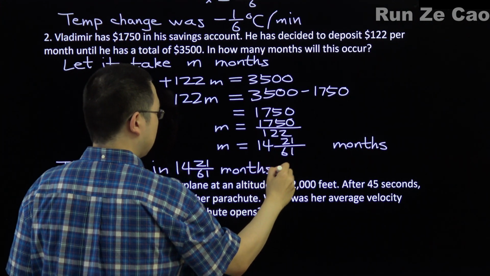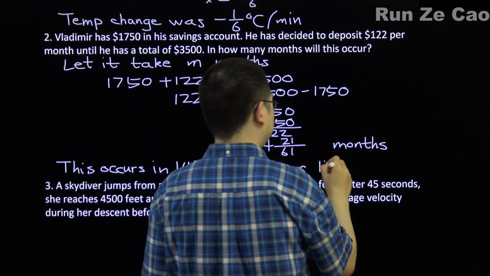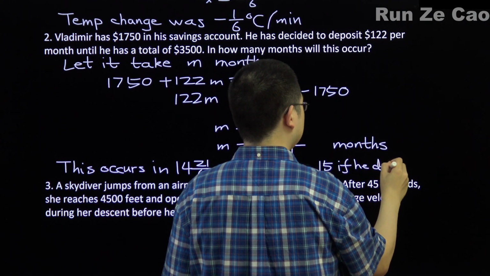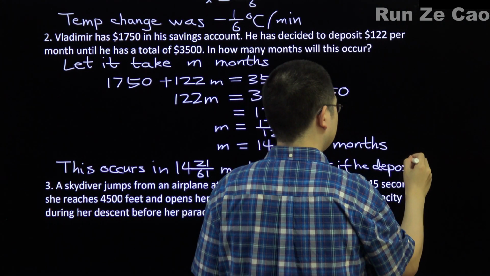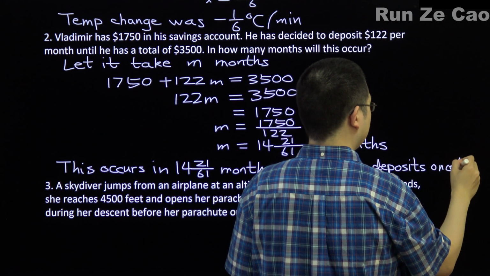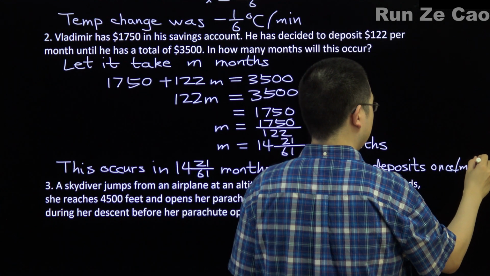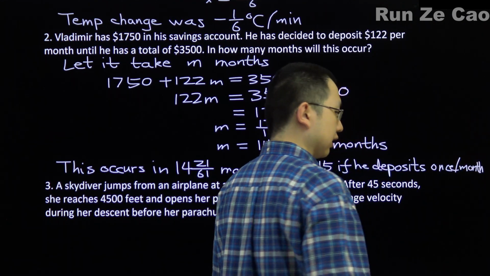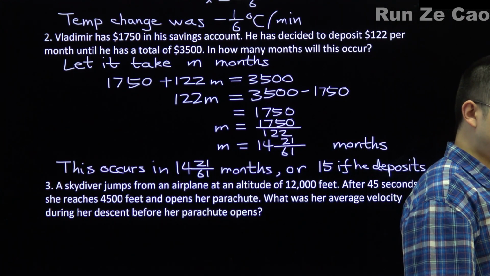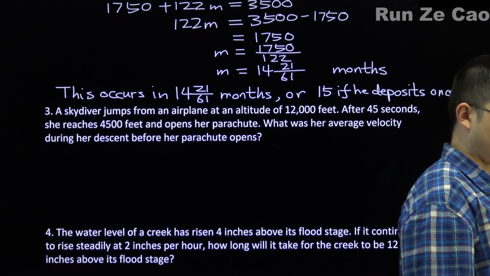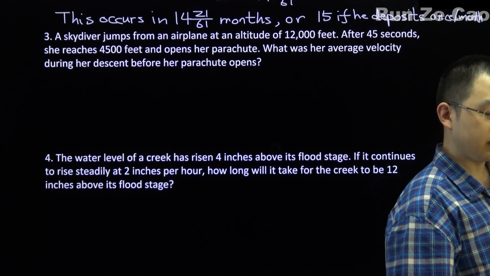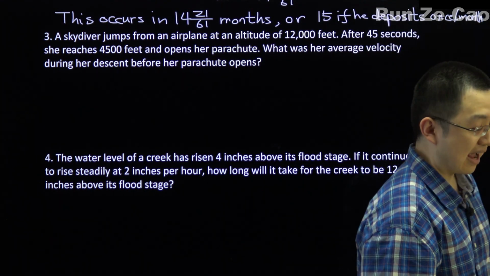Or 15 if he deposits lump sums once a month at the beginning or end of the month. Okay. That, of course, depends on how you count beginning and end, but we can discuss that sort of semantics some other time.